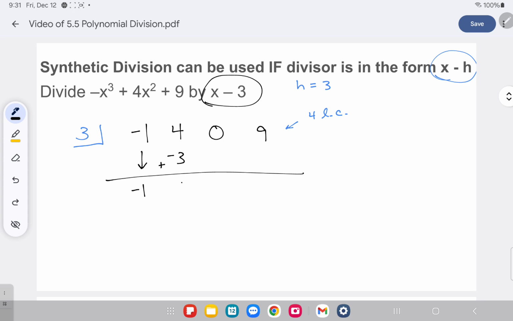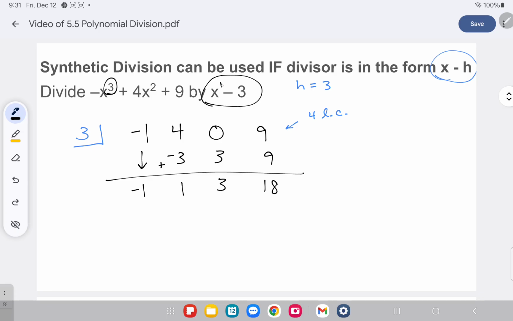4 plus negative 3 is 1. Then we're going to multiply that by the number in the box. That's 3. Add down. Multiply by the box. Add down. So our resulting polynomial is always going to be 1 degree less than what you started with. So we started with a cubic.